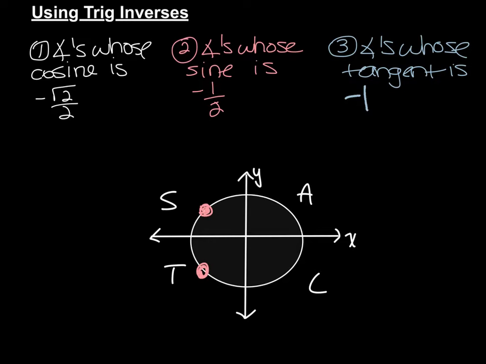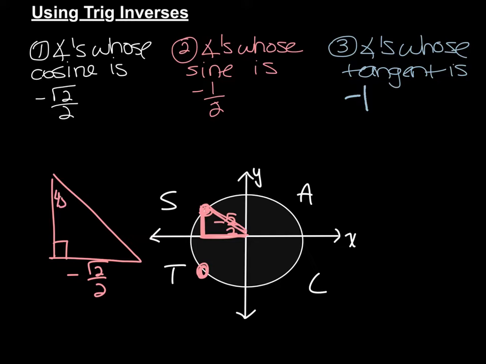Well, if the cosine value is a negative radical 2 over 2, making that triangle, we're going to be able to see, if we pull that triangle out, negative radical 2 over 2, this is my right angle, it must be a 45, 45, 90 triangle. Because in the unit circle, the radius is 1, which means this side would be radical 2 over 2.